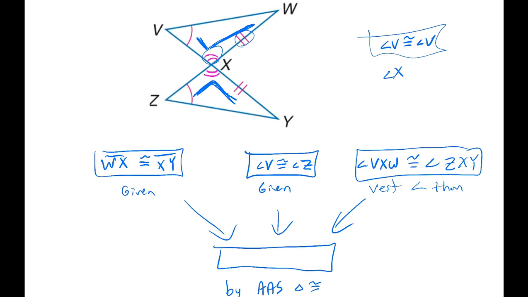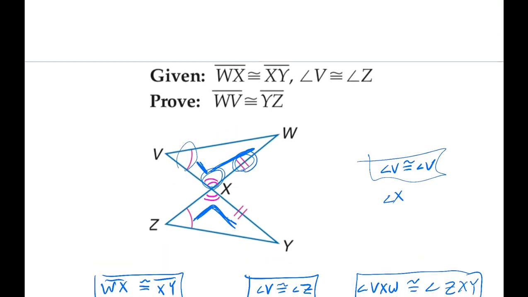Okay, let's write the order. I will start with the top one. I'll go from the 1 arc to 2 arc to 2 dashes. So that's VXW is congruent to, and I'll do the same order, Z to X to Y. Now the question is, can we say that WV is the same as YZ?